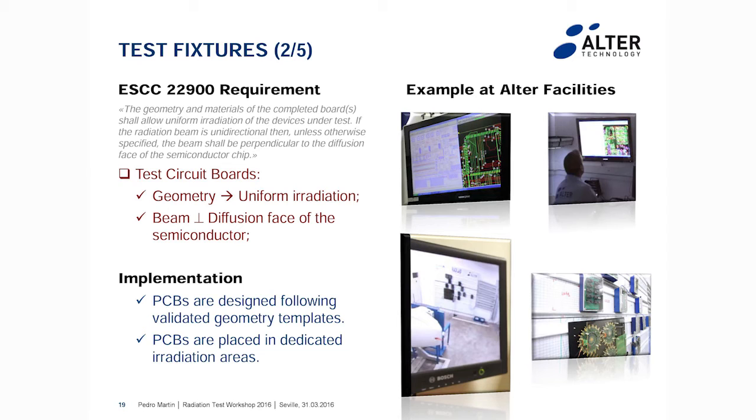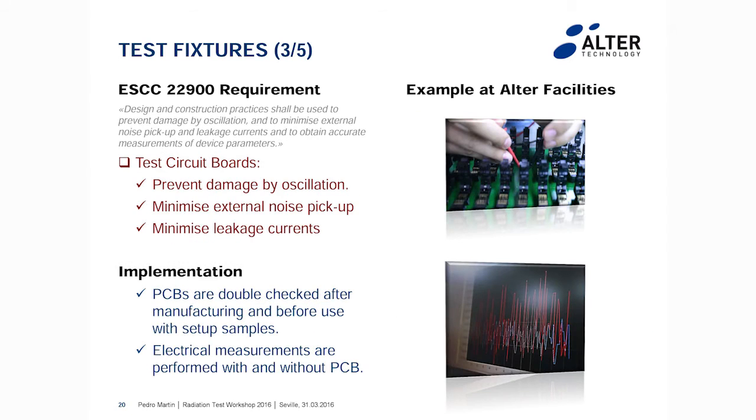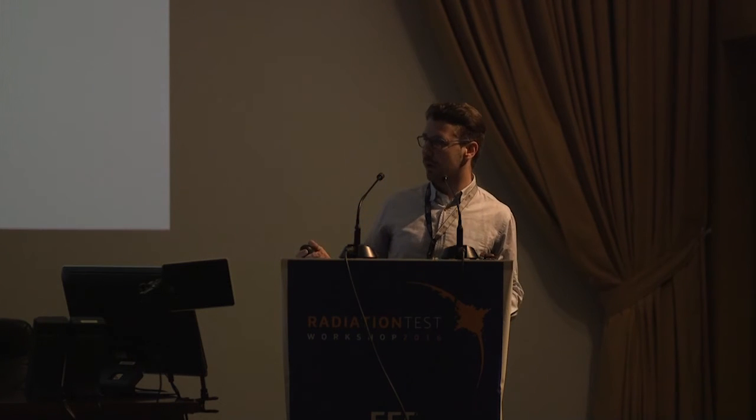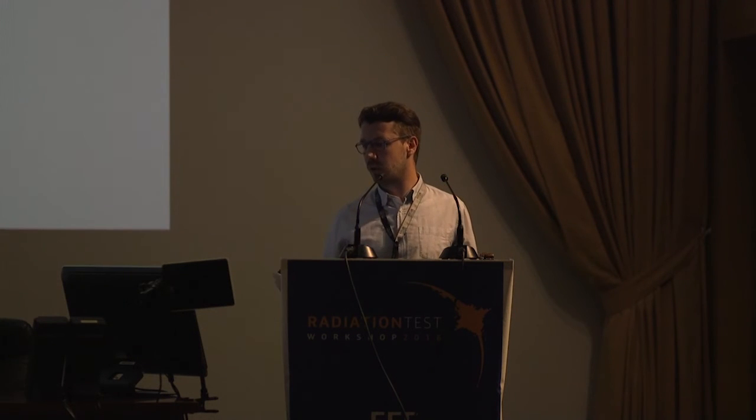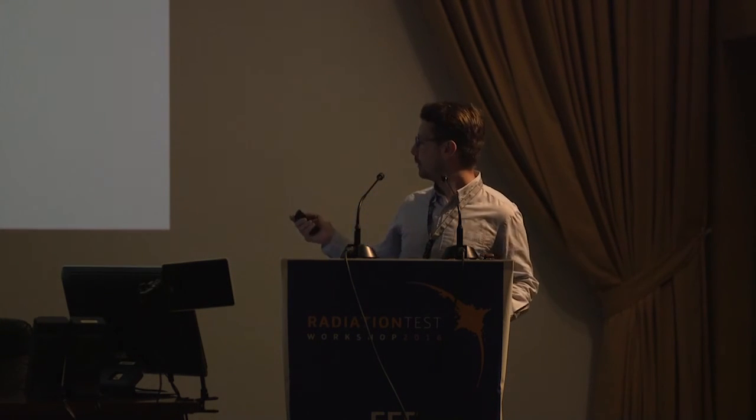The board has to guarantee the uniformity in all the samples, and the test circuit board has to be validated to minimize the noise, the leakage currents, and of course the good use of that.